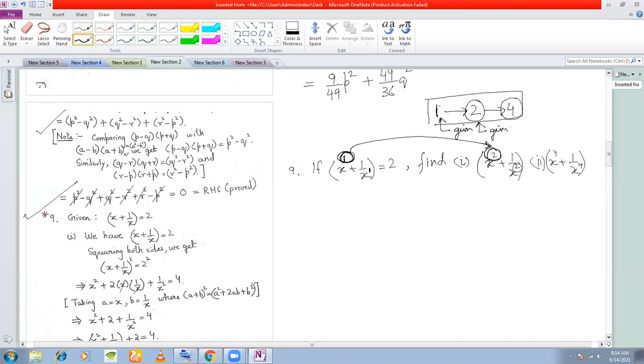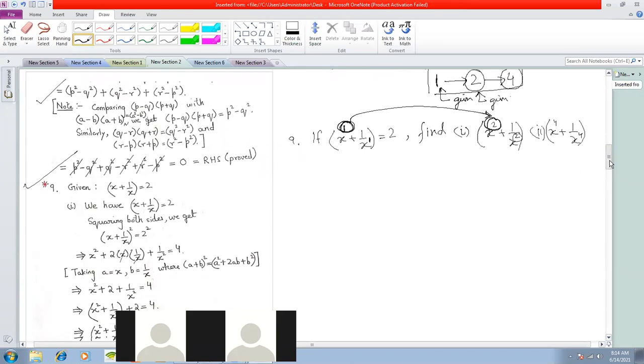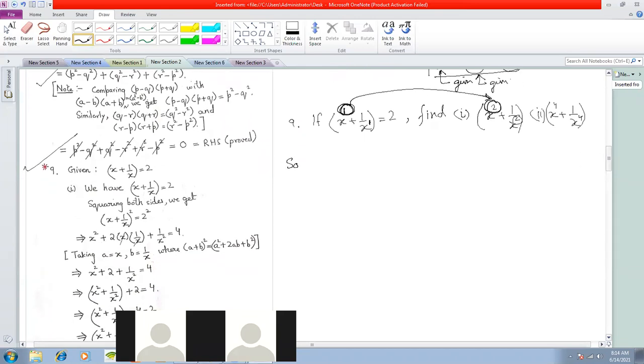So whenever you're moving from a lower power to a higher power, this is what you will do. You will start with the lower power. So we have x plus 1 by x is equal to 2.